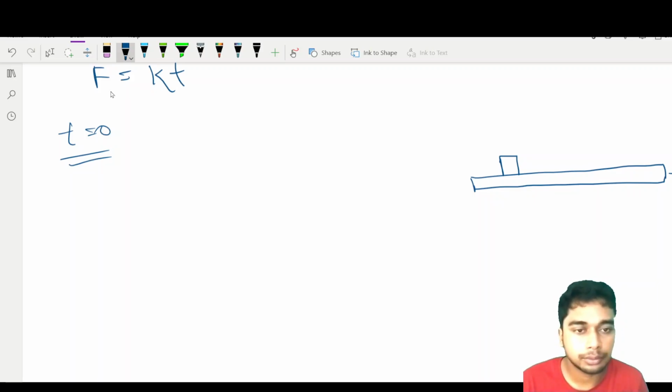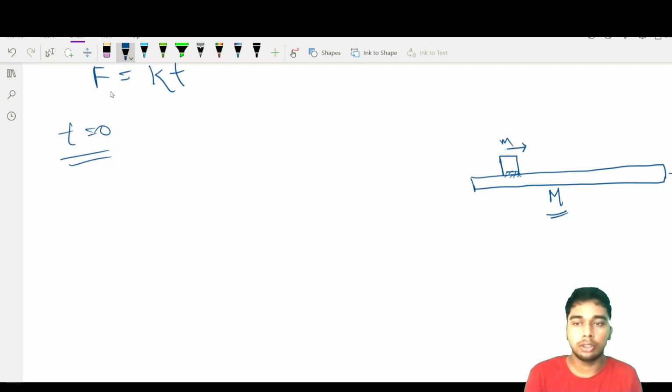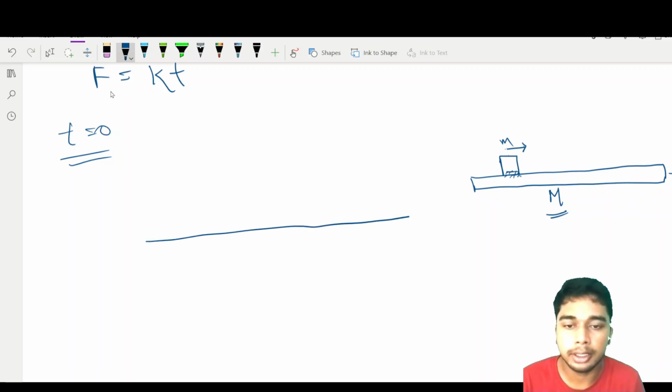So initially, what will happen? The frictional force will try to move. There is a friction between the block and this one. I consider this is capital M. So in this case, I will write that, for example, there is a surface and there is a block.